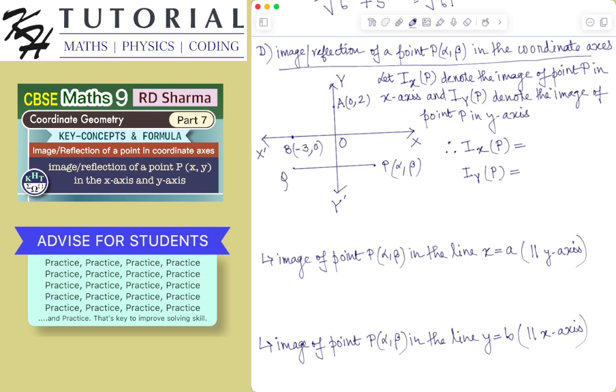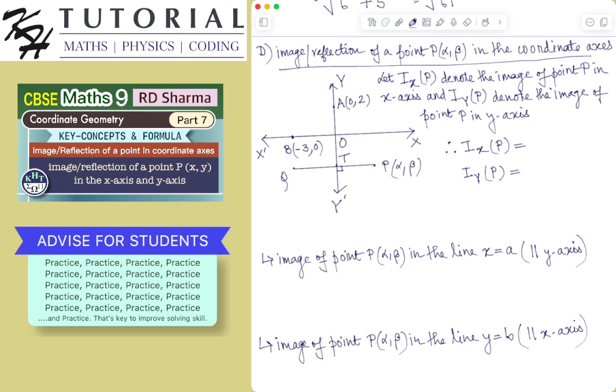Since I have drawn the point P in the fourth quadrant, obviously alpha will be positive, but the distance of any point from the y-axis is equal to the absolute value of its abscissa. Let's say the line PQ is perpendicular to the y-axis, intersecting the y-axis at the point, let's say T.